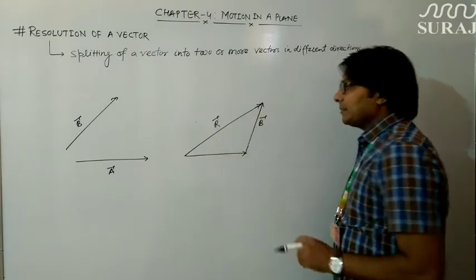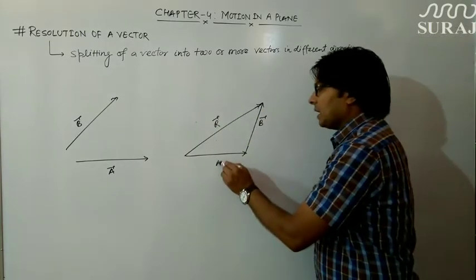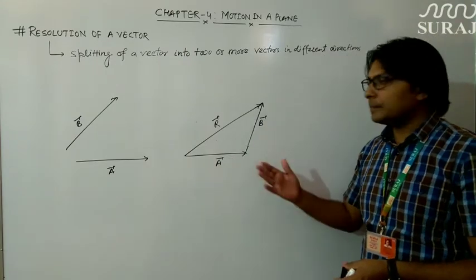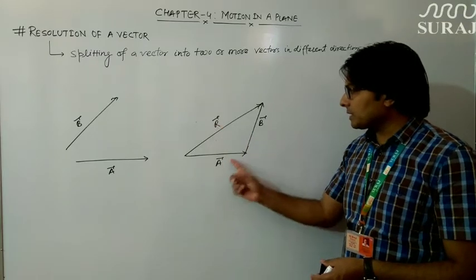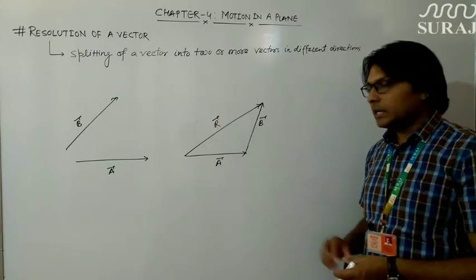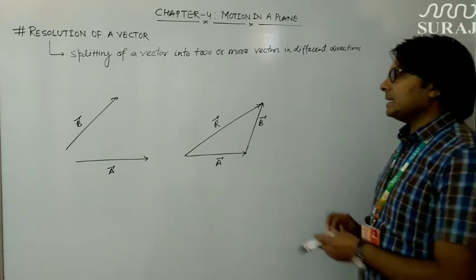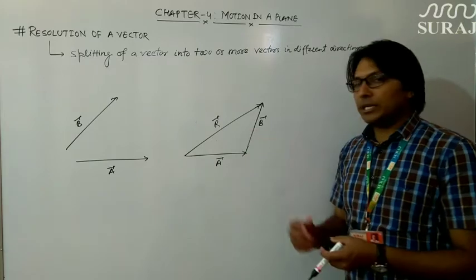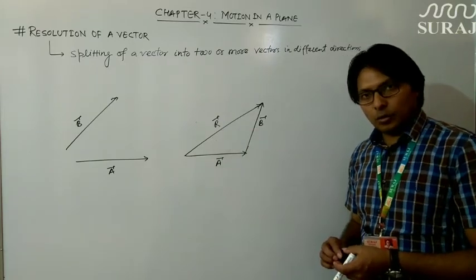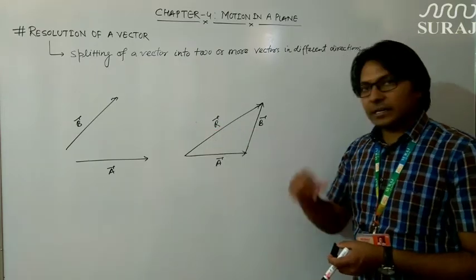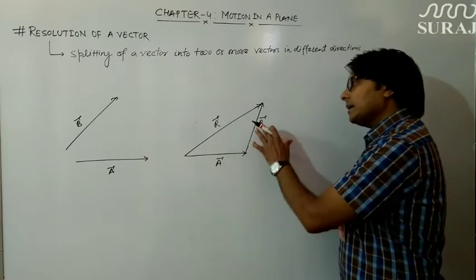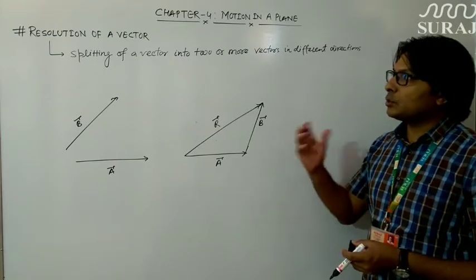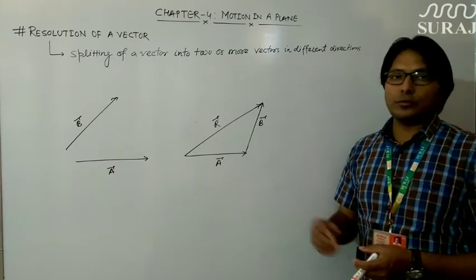So we can say that this r vector is the sum of a vector and b vector, or it is the combination of a vector and b vector. In other words, a vector and b vector are the two components of r vector, or we can split this r vector into a vector and b vector. This is how we can relate the resolution of a vector to the combination of vectors.